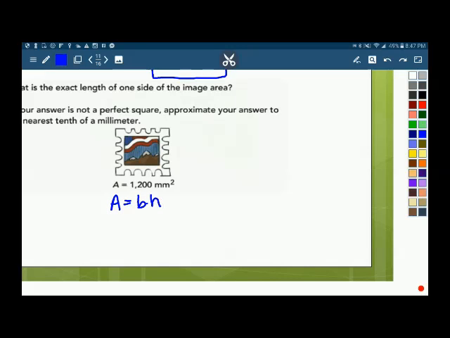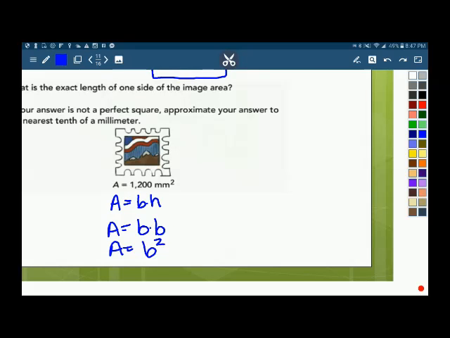Okay, but if the shape is a square, then the base and the height are exactly the same thing. So instead of this base times height, let's just call it base times base, which is the same thing as saying base squared.